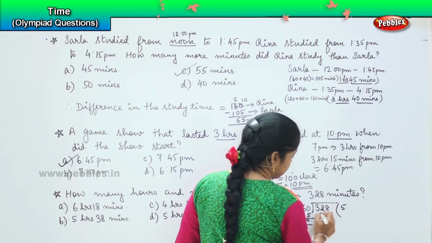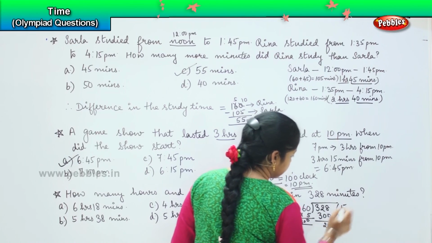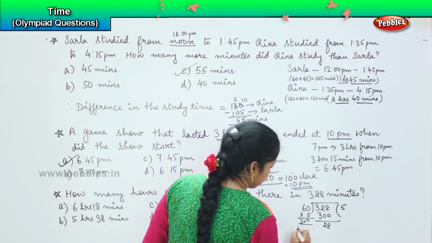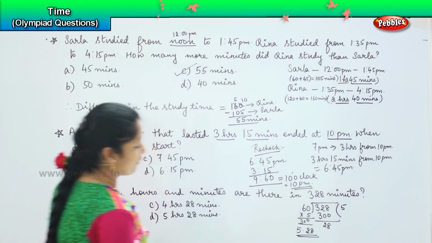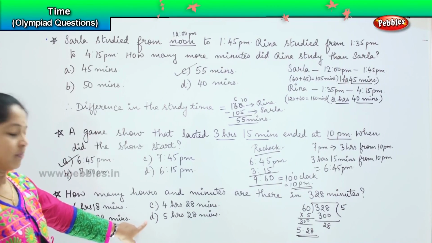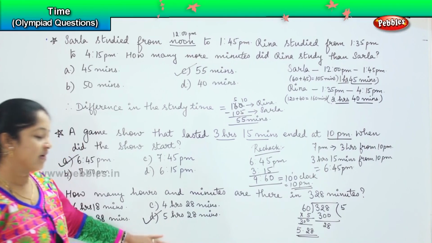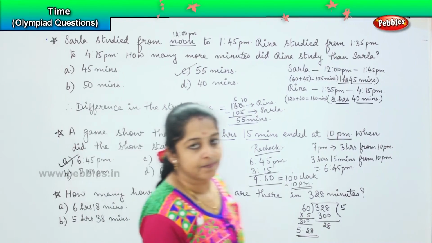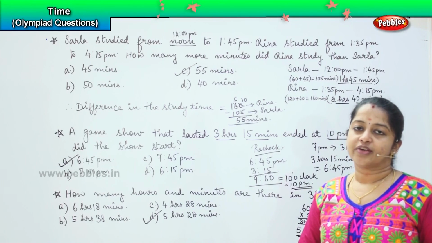So 5 times it will go 300 and the balance is 28. So which means it is 5.28. So where do you find 5.28? It is option D. So 328 minutes can be written as 5 hours and 28 minutes. Is it clear? So shall we do the next question? Are you all ready to solve with me?